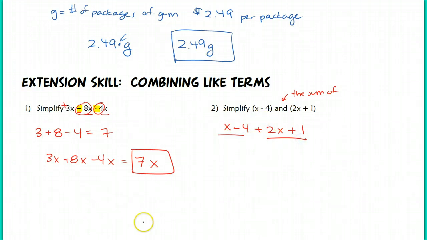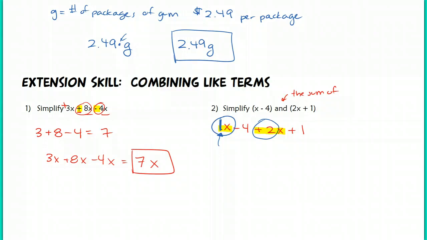Now, again, I want to look at stuff that is a like term. So x and this 2x are like terms. I'm going to circle the 2 and this x here. What's the number in front of that variable here? Well, it's just a 1. There's 1x. Usually we don't write in 1x, we just write it in as x.